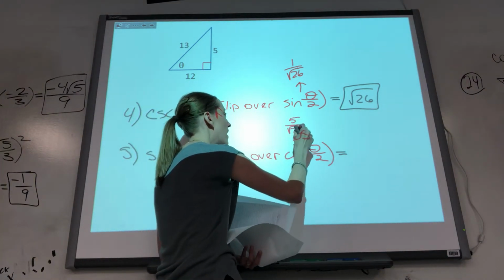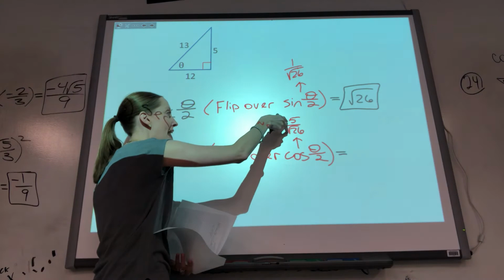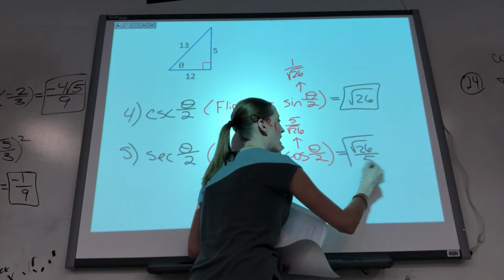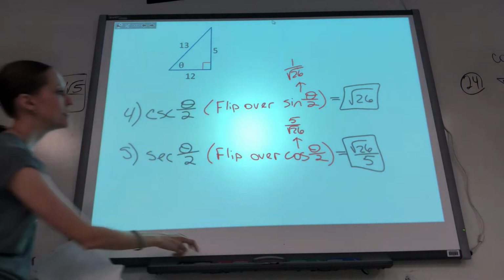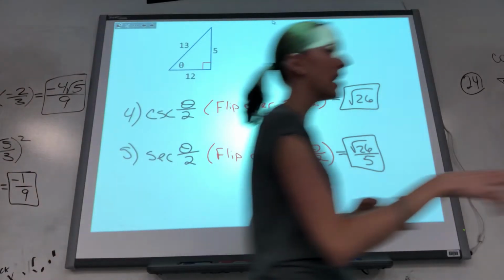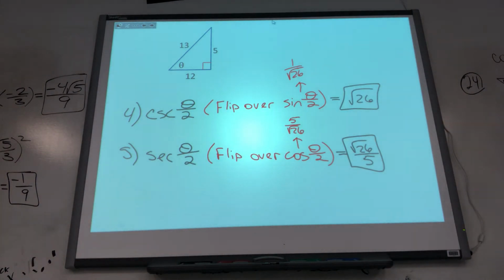That doesn't sound like fun. Let's flip that fraction over, and it's a whole lot faster. That would be square root of 26 all over 5. Okay, may run into some reciprocals, so I just wanted to show you that.